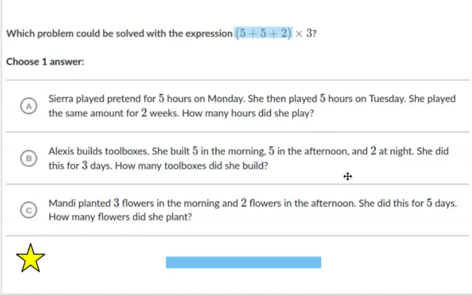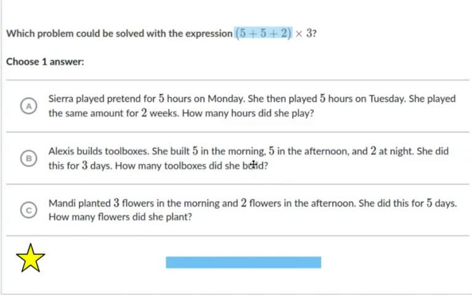So now let's read B. Alexis builds toolboxes. She built 5 in the morning, 5 in the afternoon, and 2 at night. She did this for 3 days. How many toolboxes did she build? All right, so we know that we have Alexis and she's building. She built 5 toolboxes in the morning. And then that same day in the afternoon, she built 5 more. And then at night, she built 2 more.